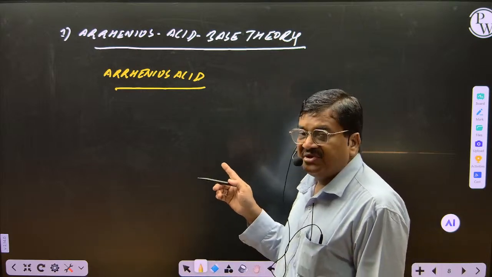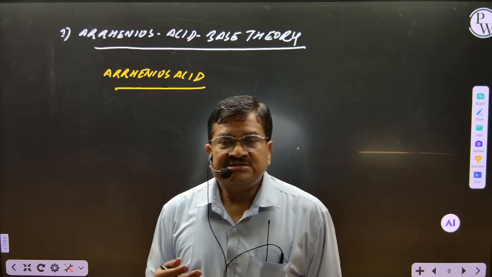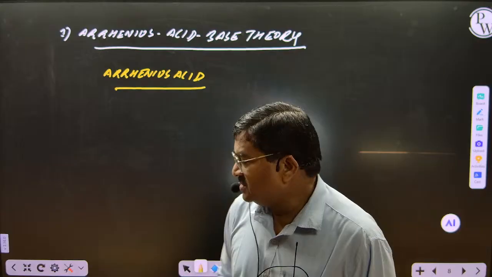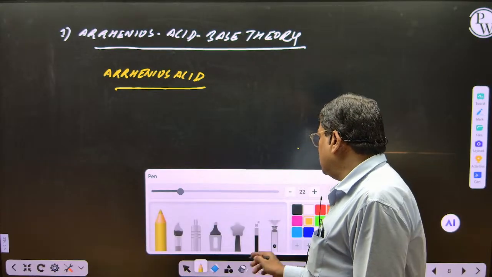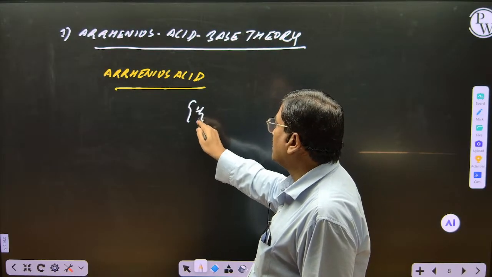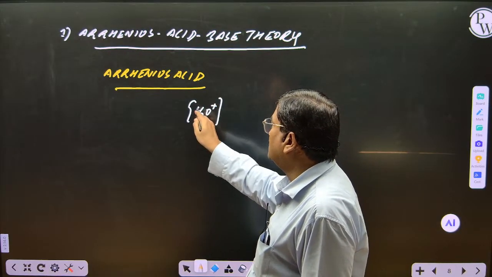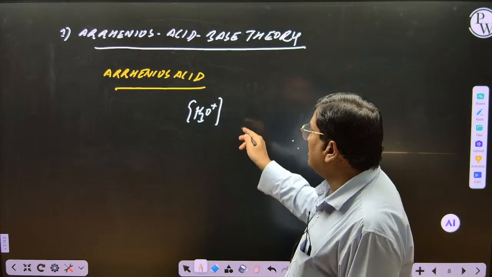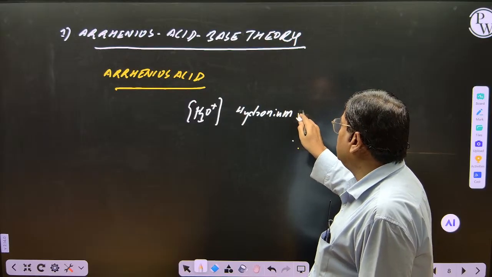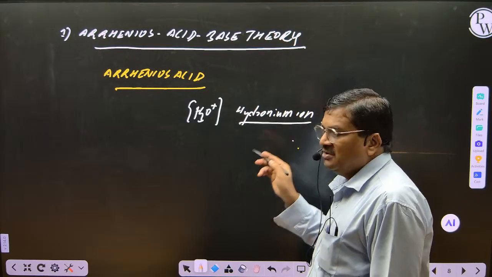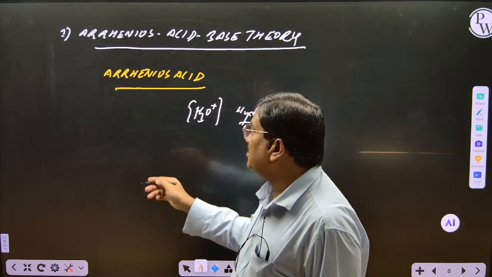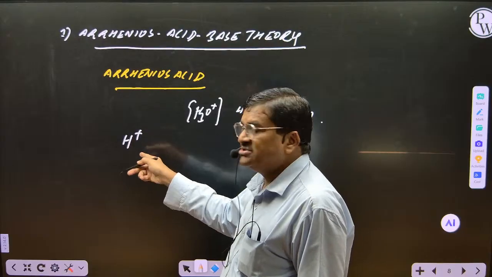So understood what I am saying? Arrhenius acid: substances which increase the concentration of hydronium ion. Hydronium ion is shown by the symbol H3O+. When you place it in water, if they increase the hydronium ion concentration, actually H+ ion will be produced, but this H+ ion is not stable.